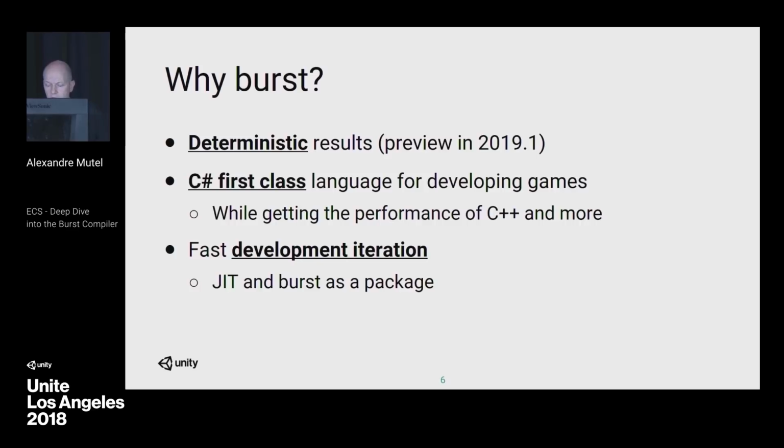We also want to get the best performance we can, and C# gives us the fast development iteration that we are all looking for. We want Burst to deliver the same experience with the JIT. Having Burst delivered as a package, as it is today, is also part of this work of improving the development iteration time, so we can deliver Burst packages more quickly to fix bugs more quickly.